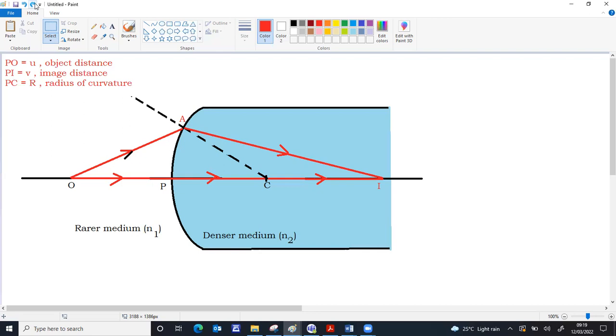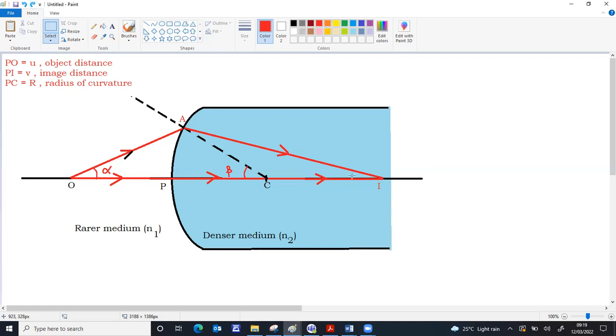There are two basic assumptions we apply during the derivation. The angle made by the object light ray OA with the principal axis is marked as alpha. In the same way, the angle made by the normal with the principal axis is marked as beta.